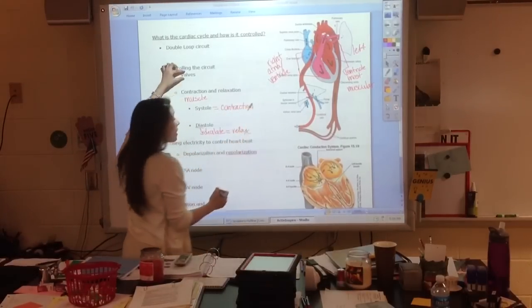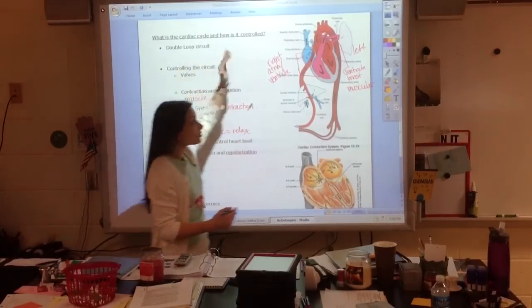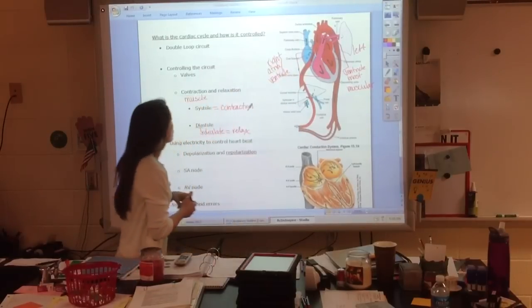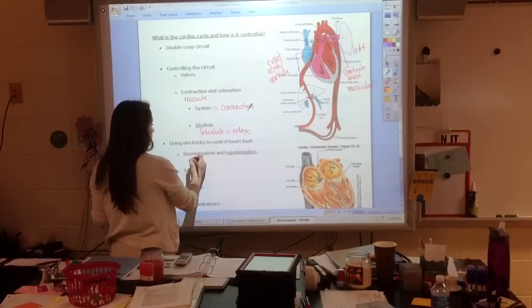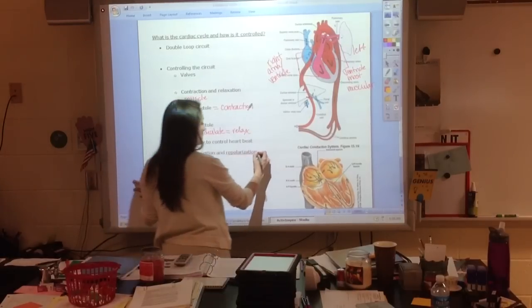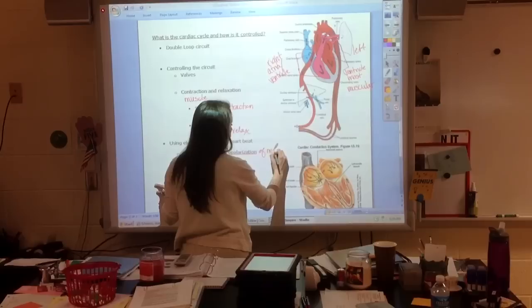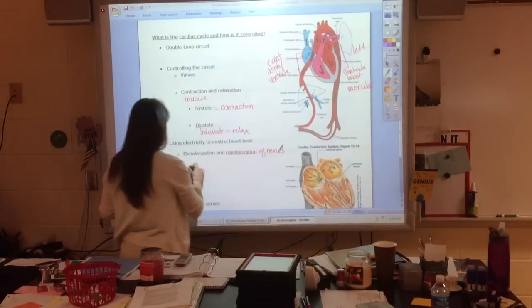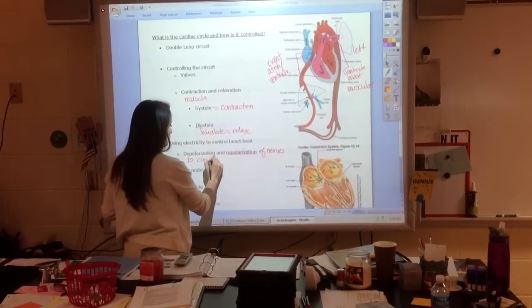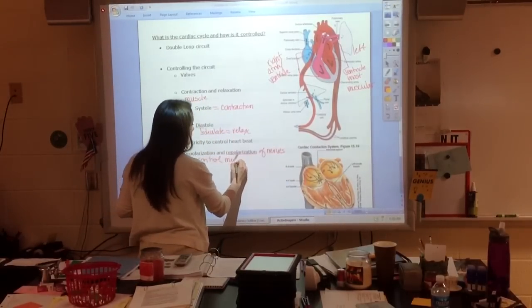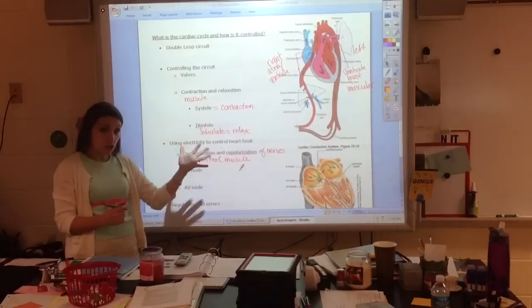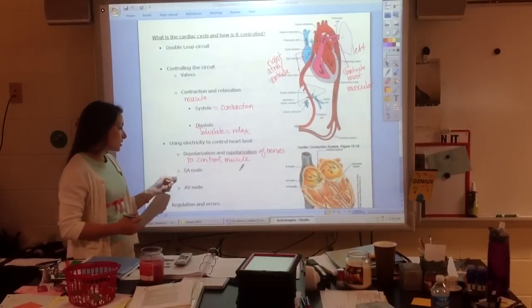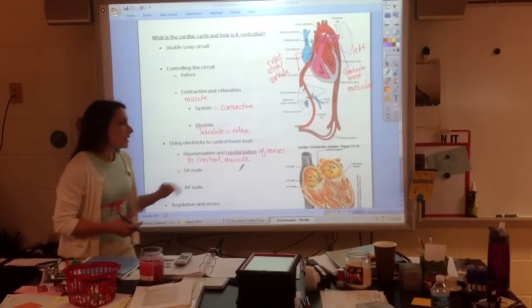We do have valves, which are going to help control whether the blood is able to move in or out. And we actually use electrical signals and the depolarization and repolarization of nerves to control muscle contraction. So again, we're looking at nerves controlling this, and it has to do with electrical impulses, depolarization, repolarization.